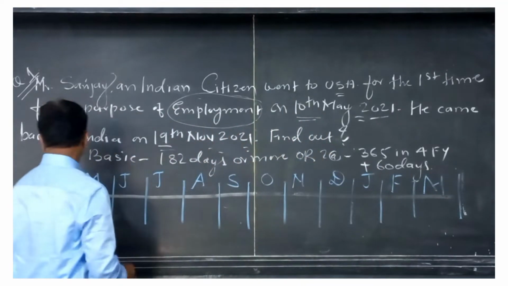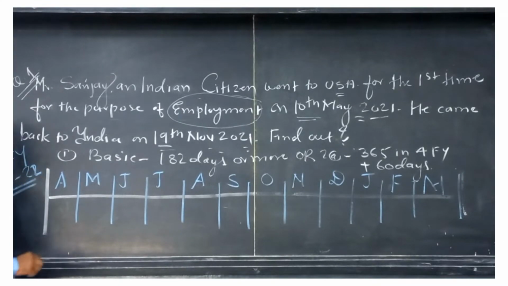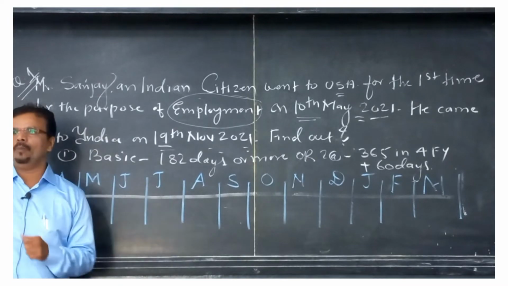So our financial year is 2021 to 22, April to March.